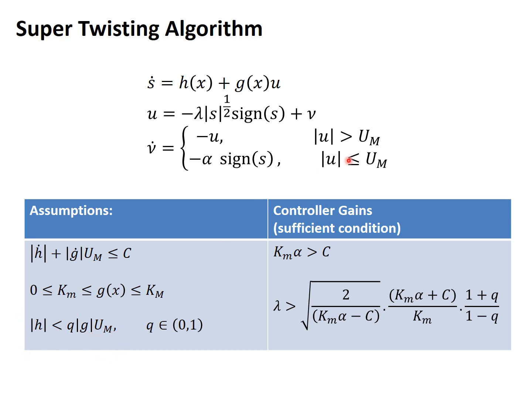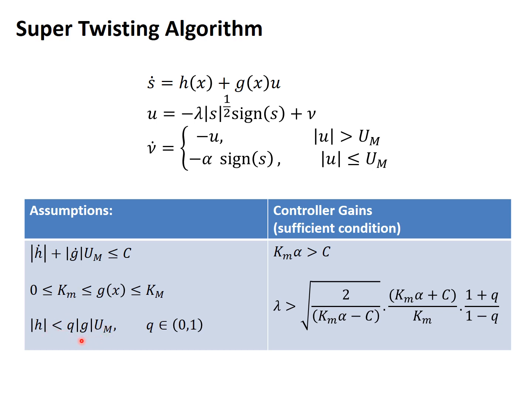In the previous, we do not have any clear idea here about U_M, but looking at this, we can choose this G_m in such a way that we can satisfy this assumption. So, what is this assumption saying? This assumption is saying that this control part, the G(x)u part, is much greater than the H(x) part. So, the bound of this H is much smaller than the bound of G U_M.